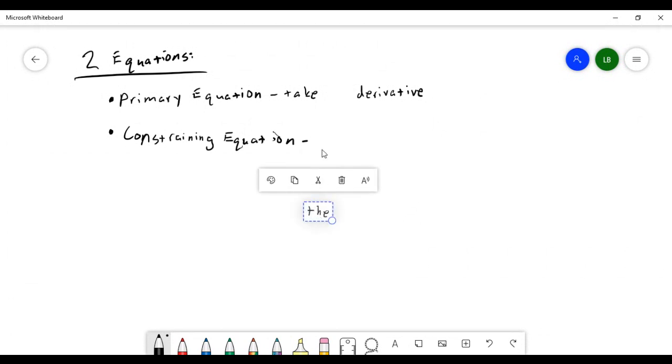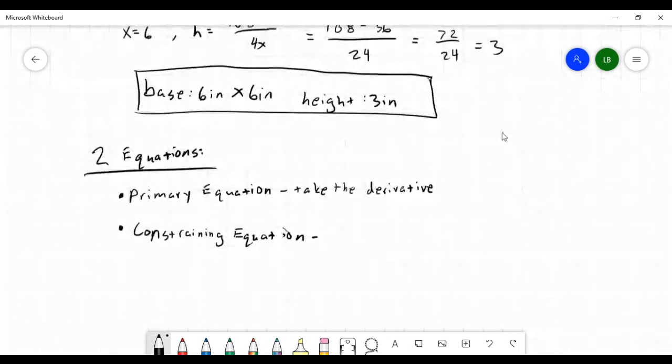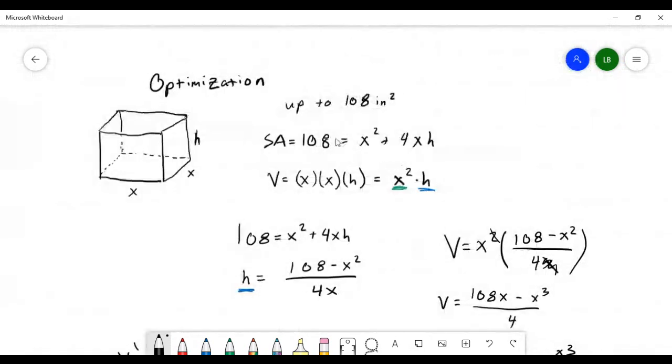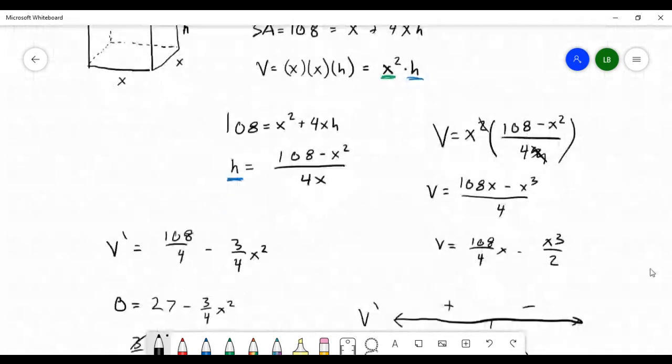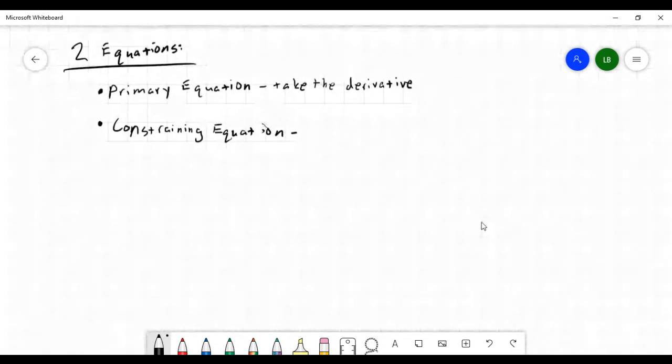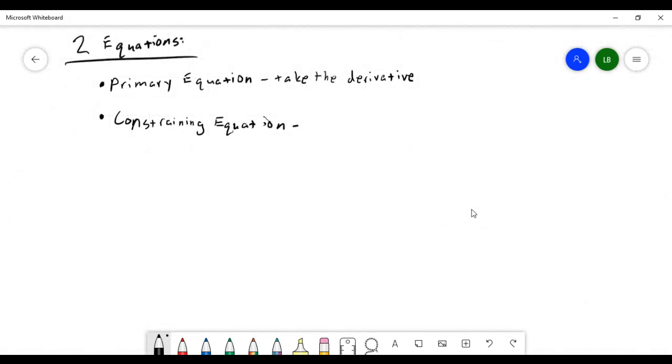So in this case, our constraining equation was the surface area equation, because it told us that we could have up to 108 square inches of material to work with. And what you do with the constraining equation is you use it to substitute one variable out of your primary equation.